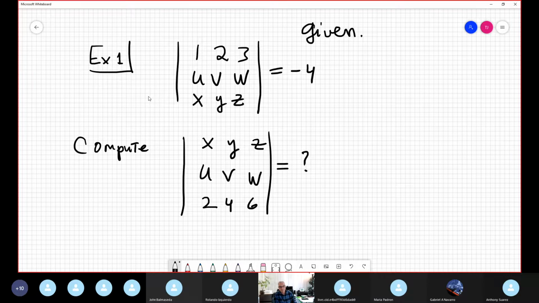Using the properties. Well, there are many ways to do that. One way is maybe you try to apply the property not in the original, no, in the new one. You need to compute and try to manipulate it until it looks similar, or identical, to the given information.